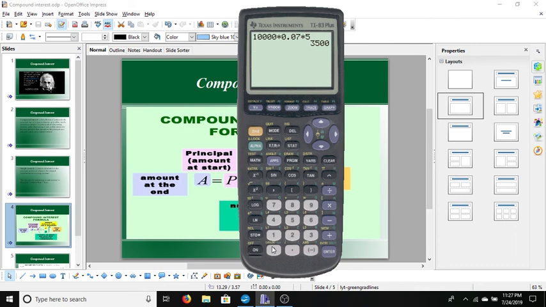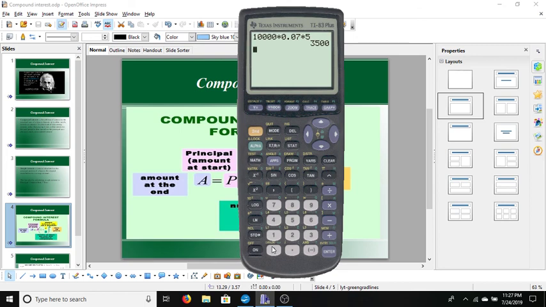Okay. Now for that same amount, let's assume that they did not remove any interest. They leave it in the account. Let's say the interest is compounded monthly, to make it as close to reality as possible. How would we calculate that?